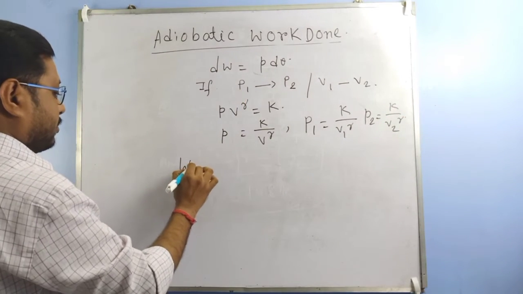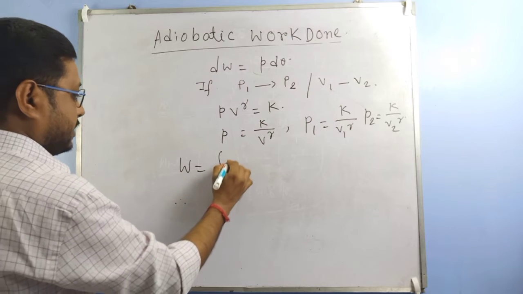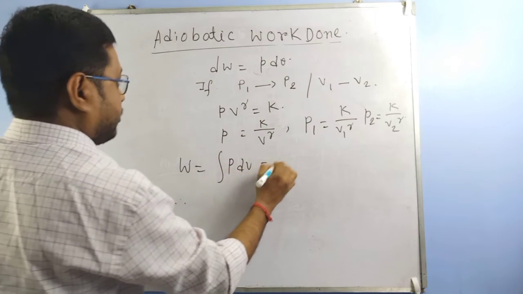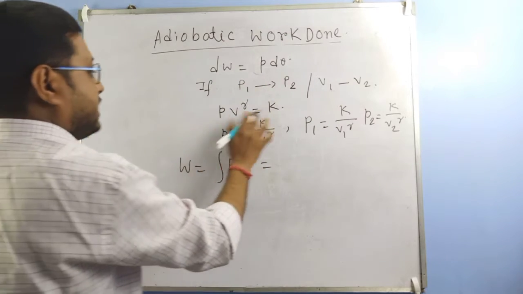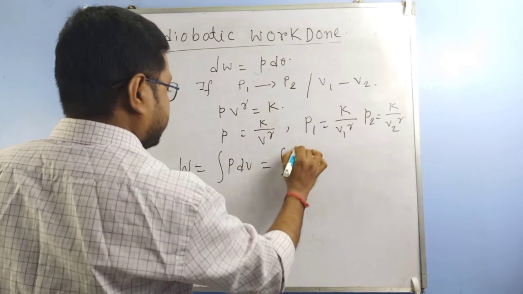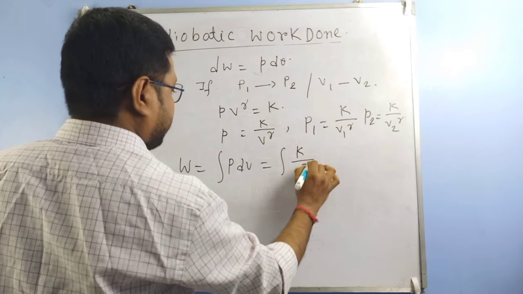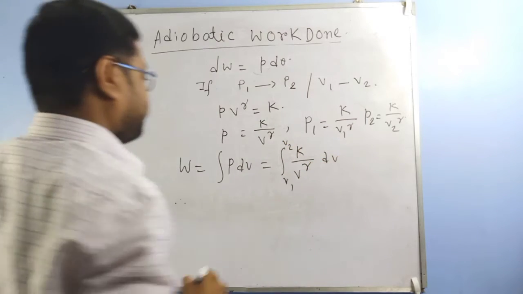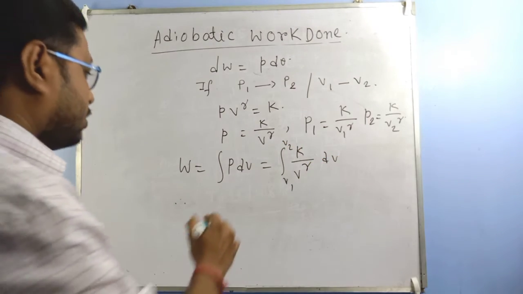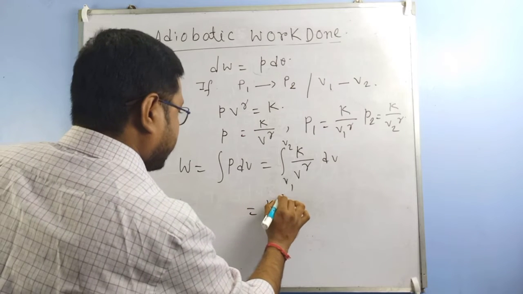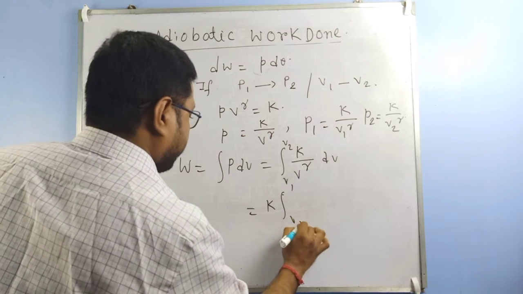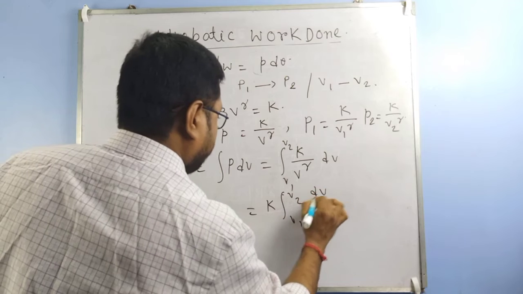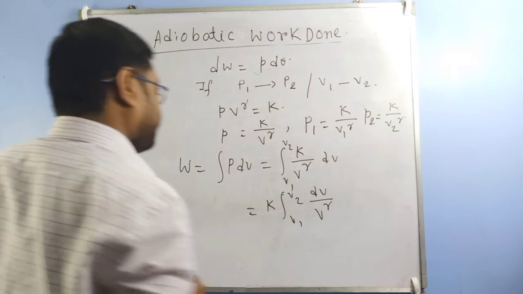Now work done W is equal to integration P dV. Put the value of P, that is K by V to the power gamma: integration K upon V to the power gamma, with volume changing from V1 to V2, dV. So K integration V1 to V2 dV upon V to the power gamma.